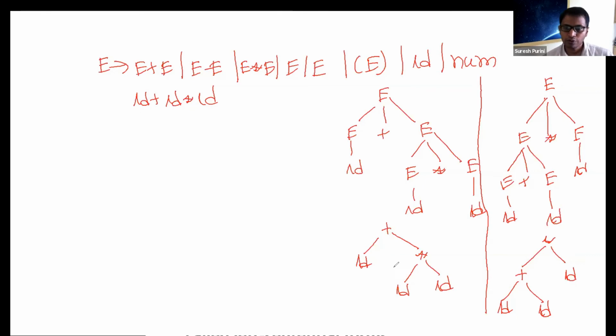So this is the semantics that we want, because multiplication has higher precedence over addition. So the parse tree, or the abstract syntax tree, that we are looking for is what we have on the left hand side.